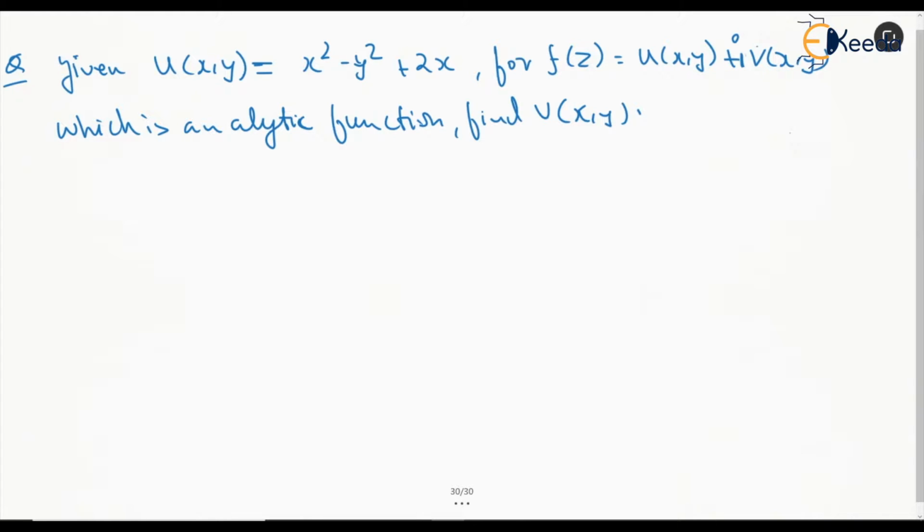So it is given that this function f is u plus i v, and this function is analytic in the region, or everywhere in that region. So in that case it should satisfy CR equations.